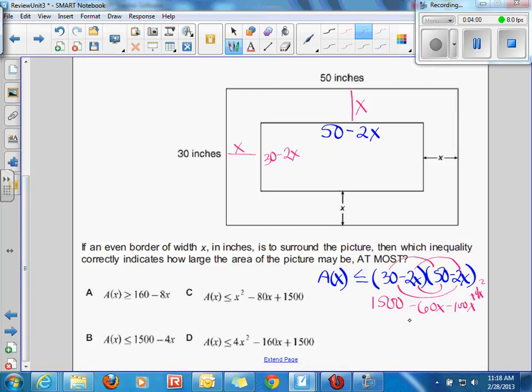Simplifying that, it would be A of x less than or equal to 1500 minus 160x plus 4x squared. So now I have simplified it. My order might not be what their order is, but it does appear to be exactly the same as this equation, just the order is different. So D would be my answer choice for number 15.